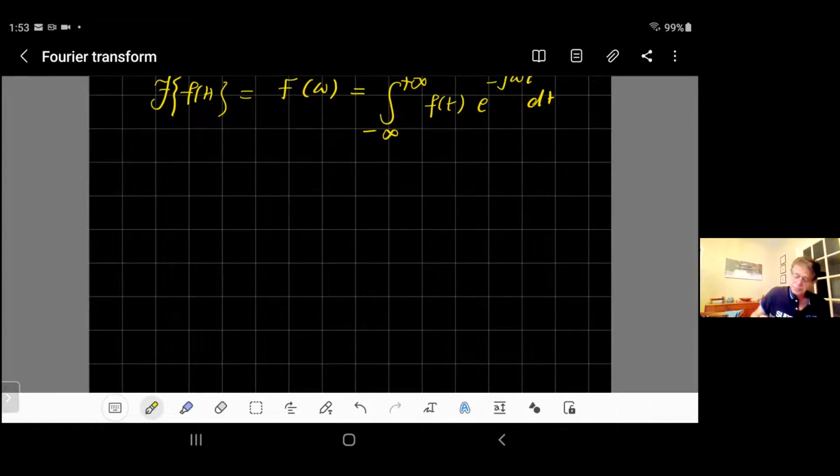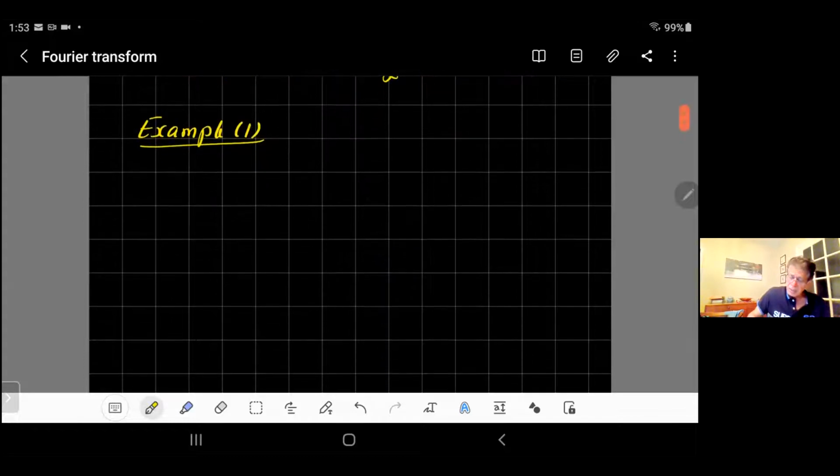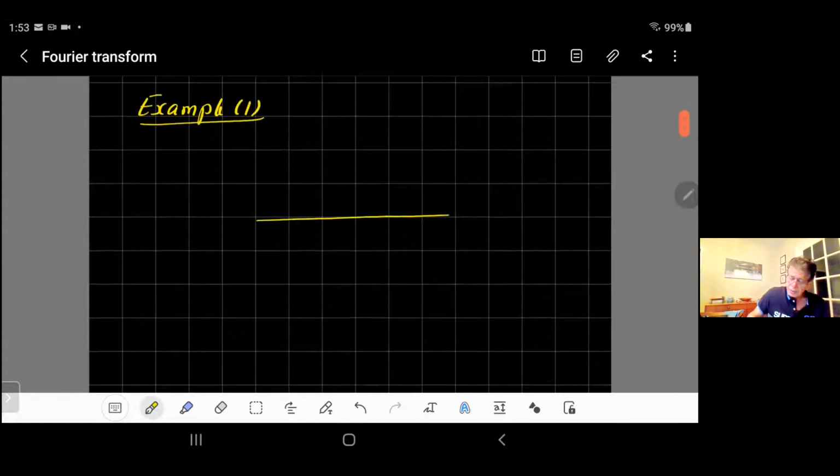Let's take an example. I'm going to solve two examples in this lecture. Example 1. Let's say that the function looks like this. That's the time axis, and that's the vertical axis, the function, let's call it f of t.